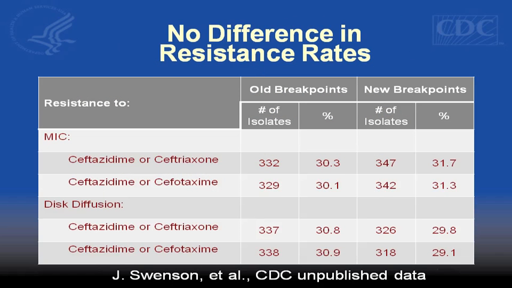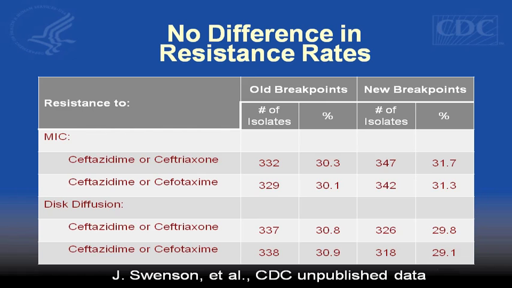So under old breakpoints, these are the old CLSI breakpoints using the ESBL confirmatory test. And then under new breakpoints, these would be implementation of the new breakpoints, but not using the ESBL confirmatory test. And if you apply the definition of identifying any isolate that is ceftazidime or ceftriaxone resistant as an infection control isolate, using the old breakpoints, 30.3% of the isolates would be identified, and using the new breakpoints, 31.7% of the isolates would be identified for infection control.